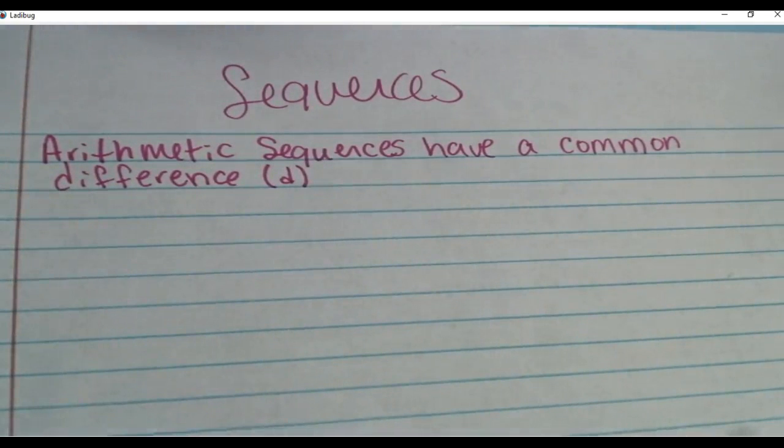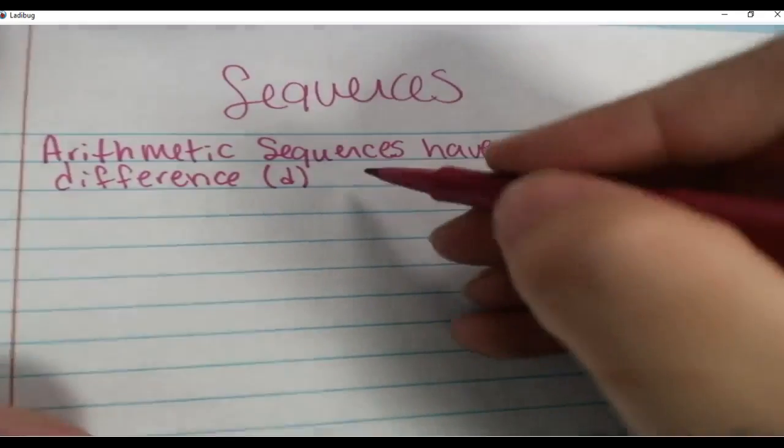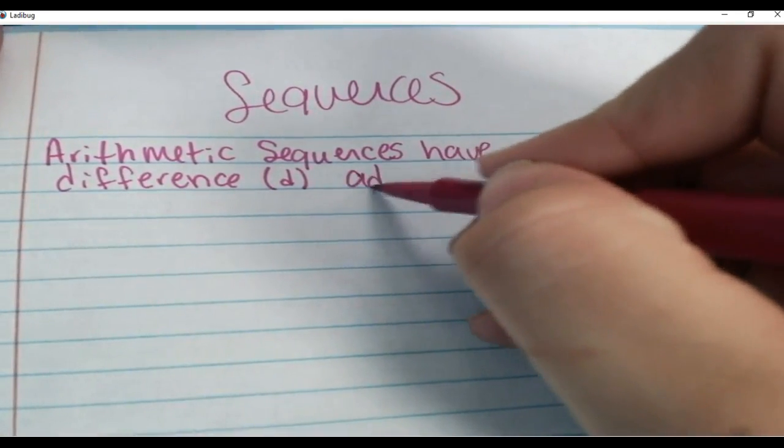So when you think about the word difference, what operation comes to mind if you want the difference of two numbers? Subtraction. So an arithmetic sequence is when you are adding or subtracting.